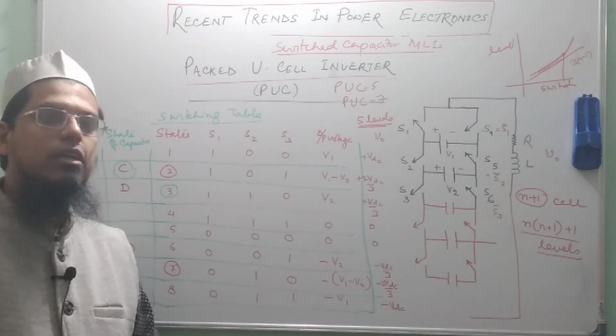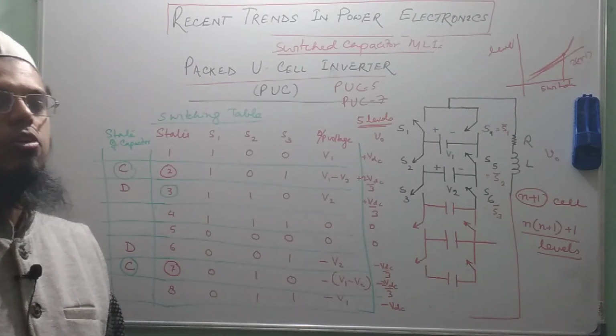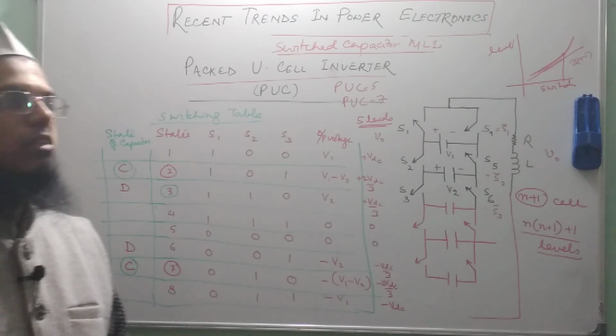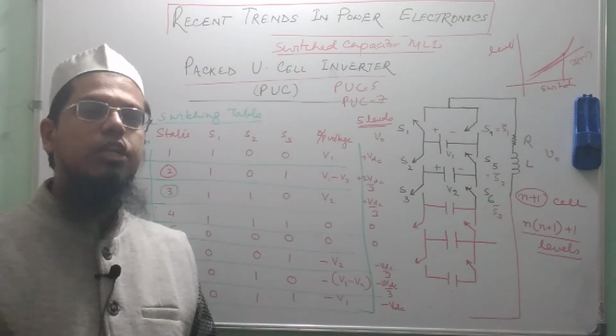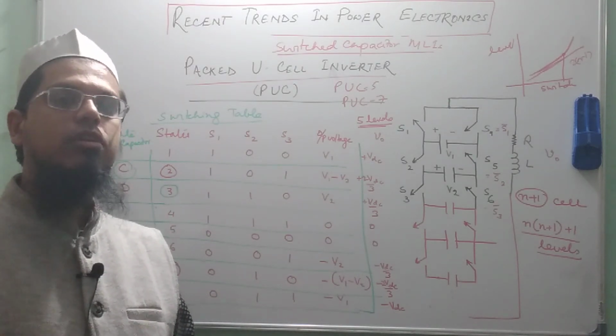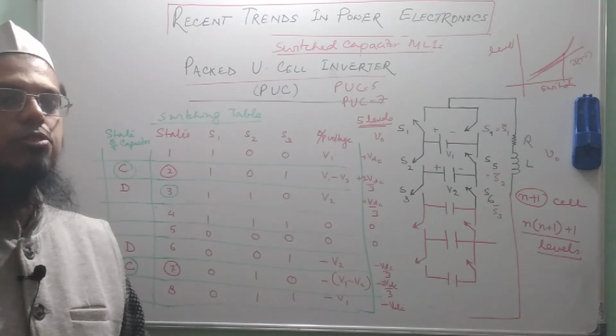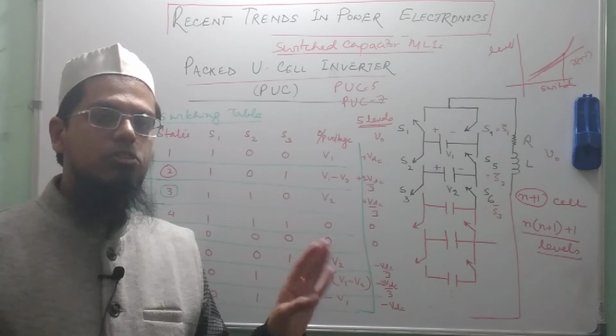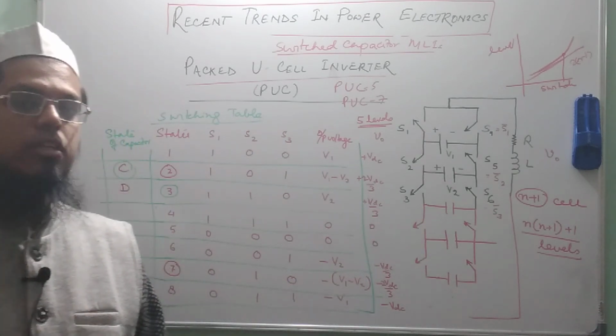These inverters have become quite famous nowadays, and a lot of research has already been done on this inverter, and it has been used in a variety of applications, and even for grid connected operation it has been tested. So, this topology has a promising future.